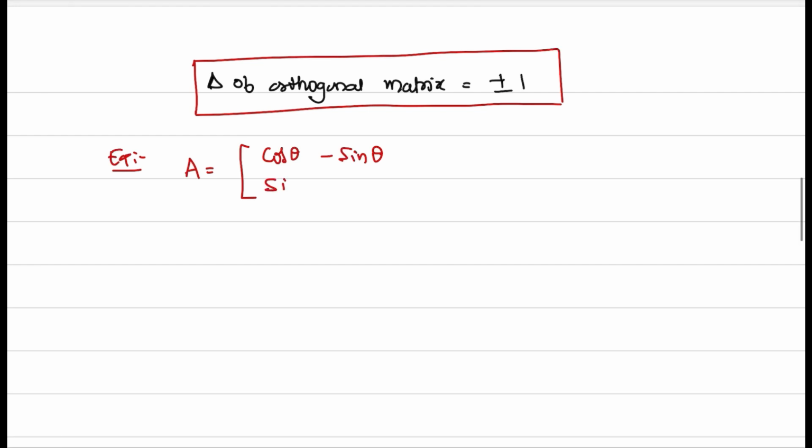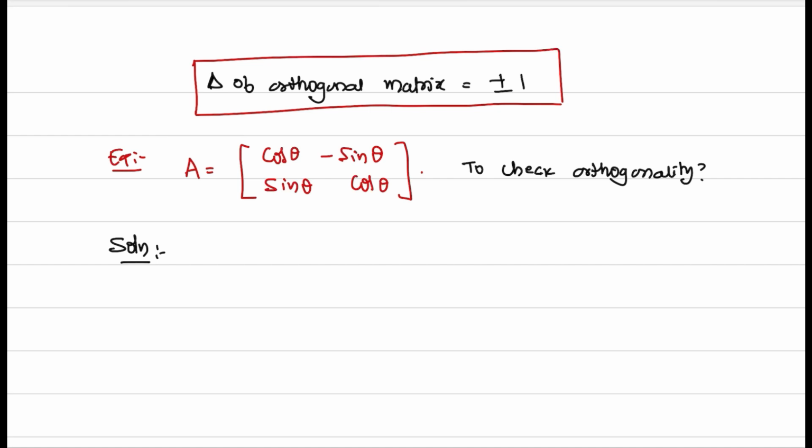If A is this, then what will be the value of A transpose? Here we have to check the orthogonality of this matrix, whether it is orthogonal or not.